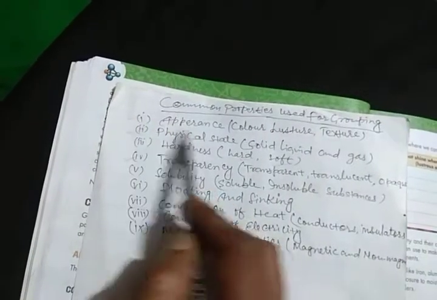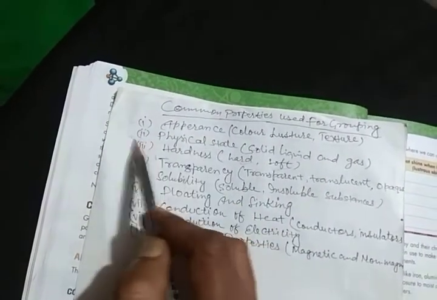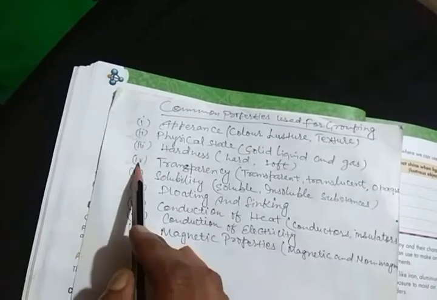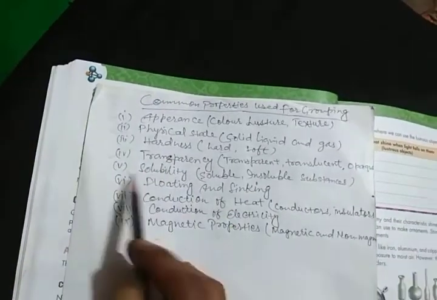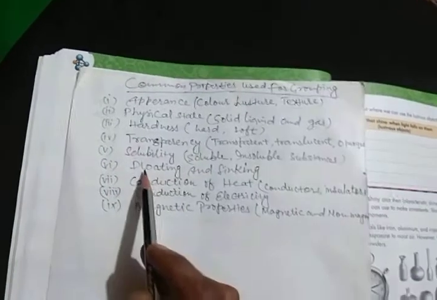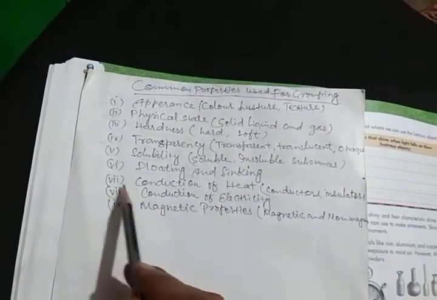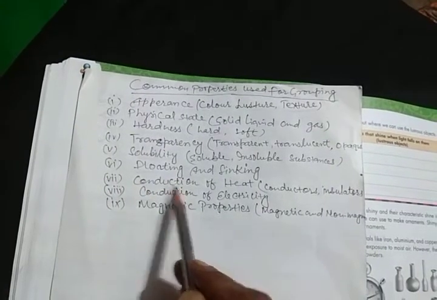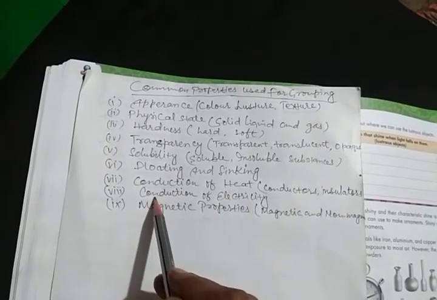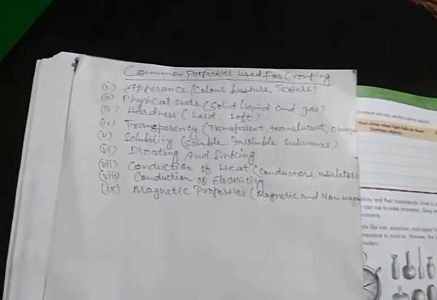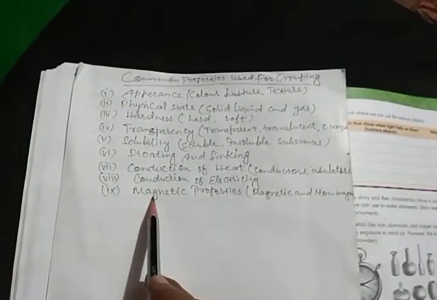First property, appearance. Second is physical state. Third, hardness. Fourth, transparency, solubility, floating and sinking. Number 7, conduction of heat. Number 8, conduction of electricity. And the last one, magnetic properties.